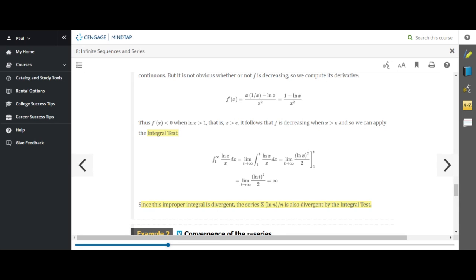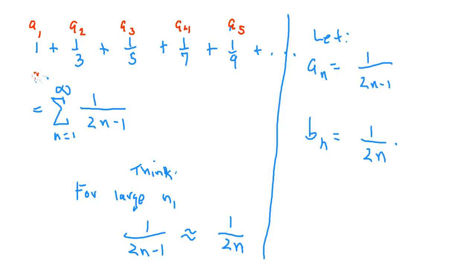Taj, yes. Taj is asking, could we use the integral test to show that the harmonic series diverges? We could. I can show you that real quick. That's actually a great thought.